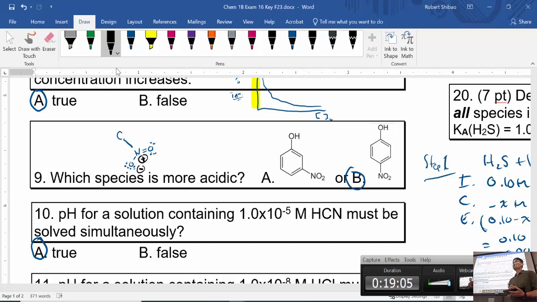What are the three most electronegative elements on the periodic table? Fluorine, oxygen, and nitrogen. That's a nitrogen with a 0 formal charge. If you had a nitrogen with a positive formal charge, it's going to have an even higher electronegativity than normal. Fluorine is 4.0, oxygen is 3.5, nitrogen is 3, but the positive formal charge is going to boost it.